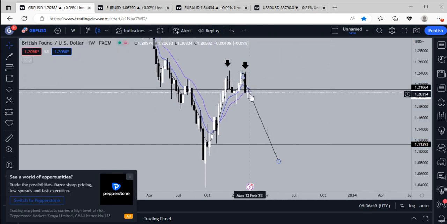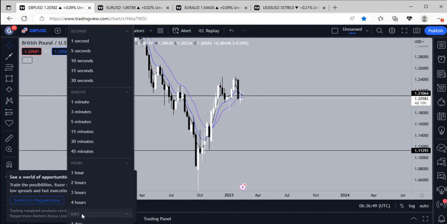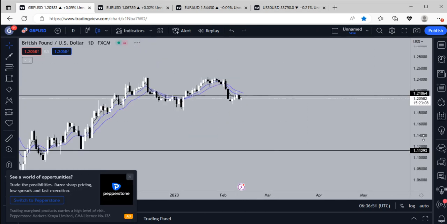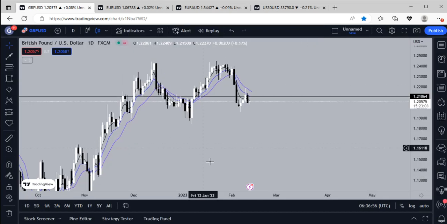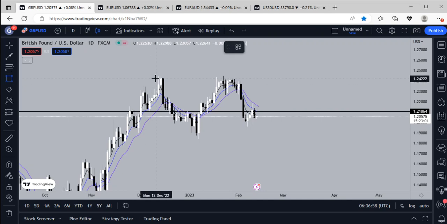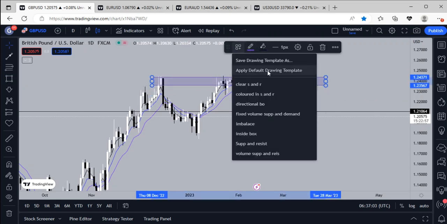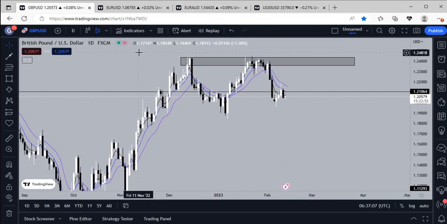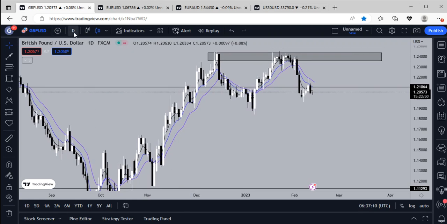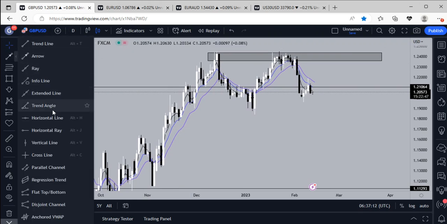All right. So what I'll do then is I'll now hit my daily time frame and make this area a resistance. That'll be my resistance area.